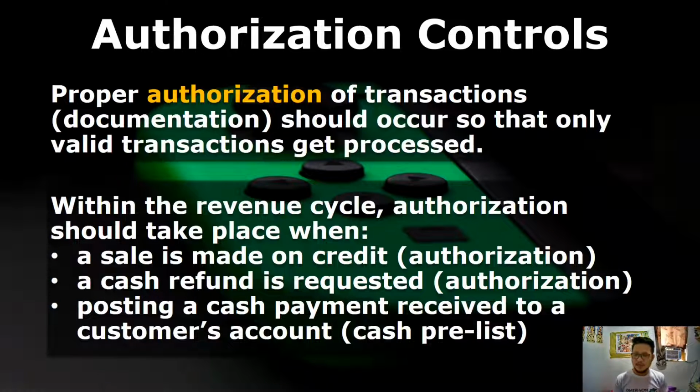So in our revenue cycle, the following should be noted. Within the revenue cycle, authorization should take place when a sale is made on credit, that is credit department, a cash refund is requested, posting a cash payment received to customer's account. So, si accounts receivable, hindi pwede magbawas ng receivable ng isang customer without the cash pre-list.